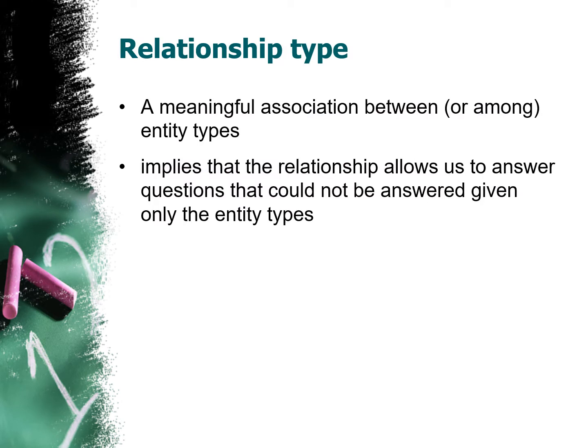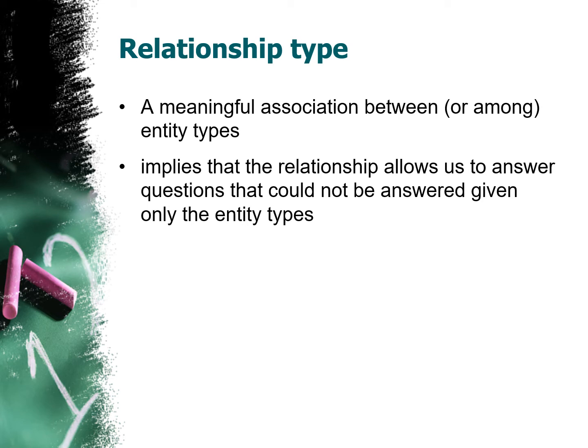Okay, moving forward, let's talk about relationship type. In the slide before this one, you have seen the employee and the corresponding course. I believe you can now imagine the relationship between the two entities, considering that they are working for a software development company. Relationship type is your meaningful association between or among entity types.